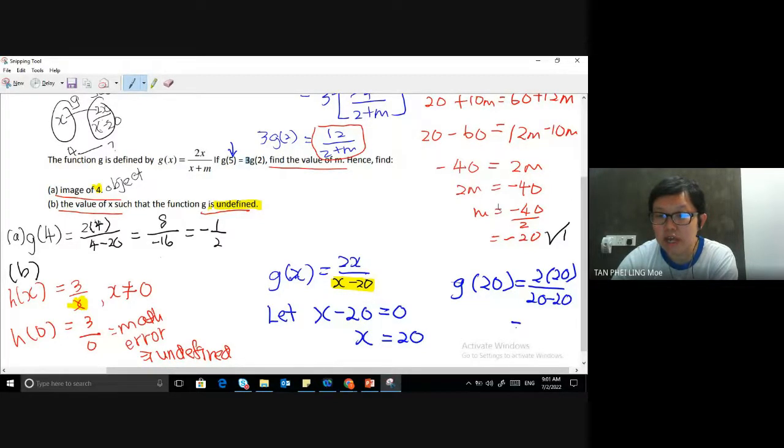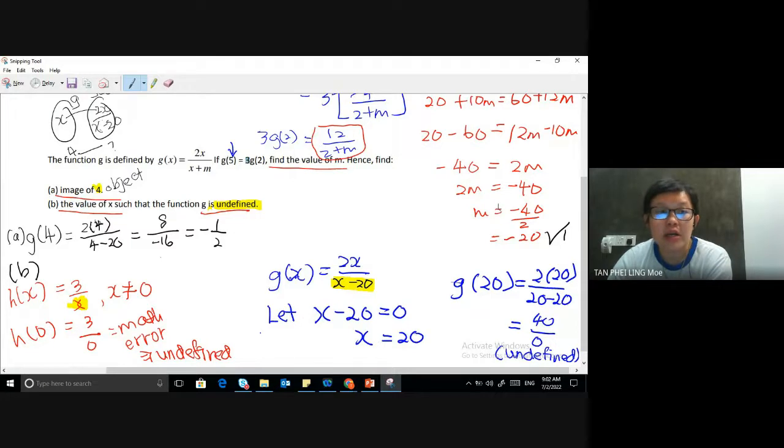You're going to have 40 over 0, which means this is undefined. Do you get me now? You can always do a double check like that. So the final answer is x equals 20, so that the function is undefined. Is it clearer now?